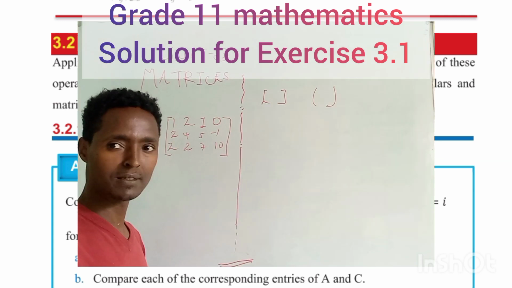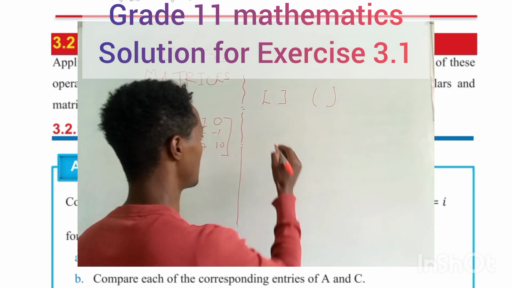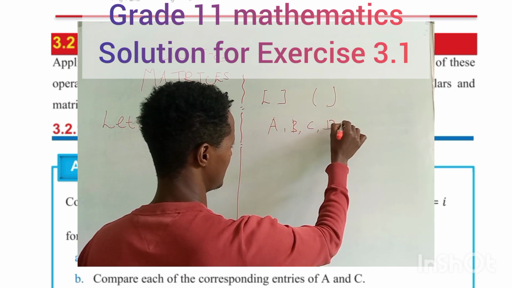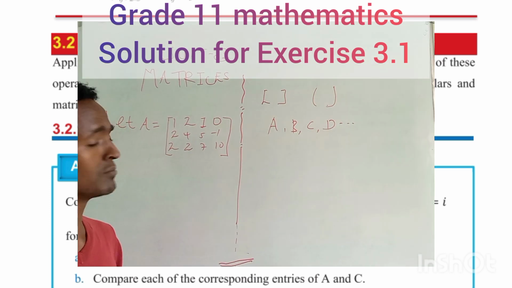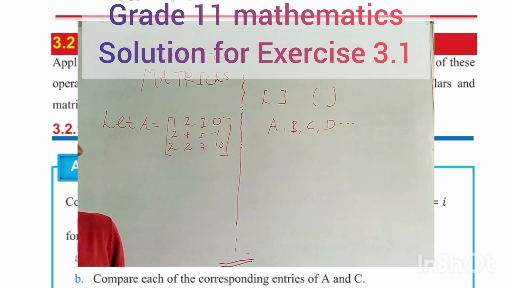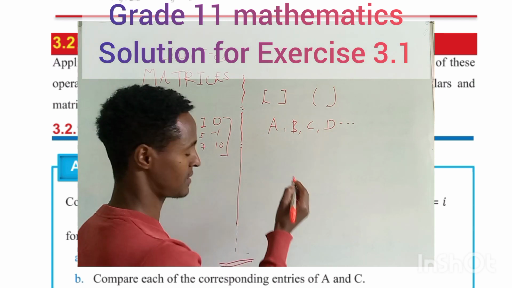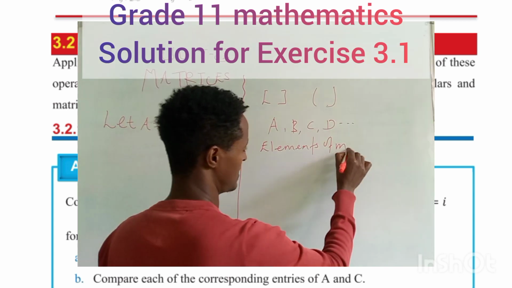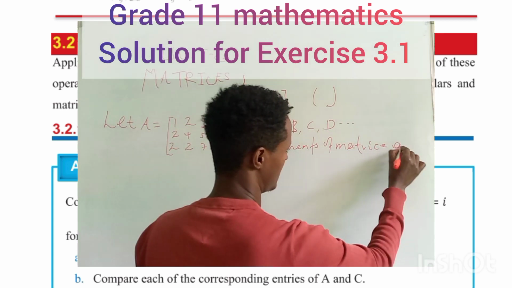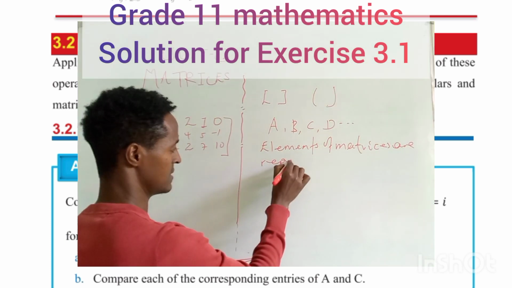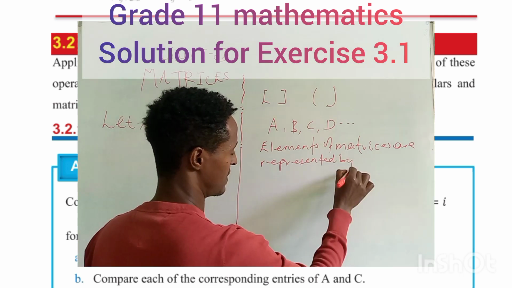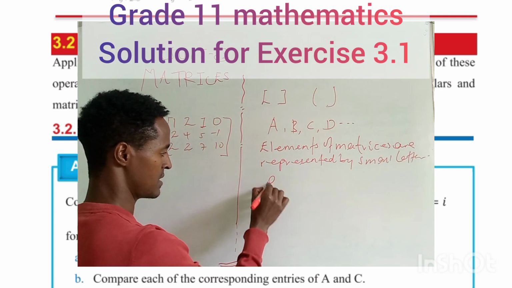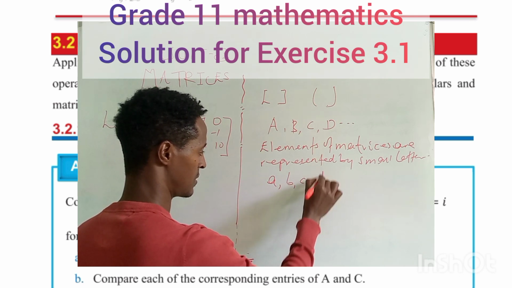Therefore, matrices are represented by capital letters such as A, B, C, D, etc. So when we want to represent a matrix, we represent it by a capital letter, and the elements of the matrix are represented by small letters, or lowercase letters.